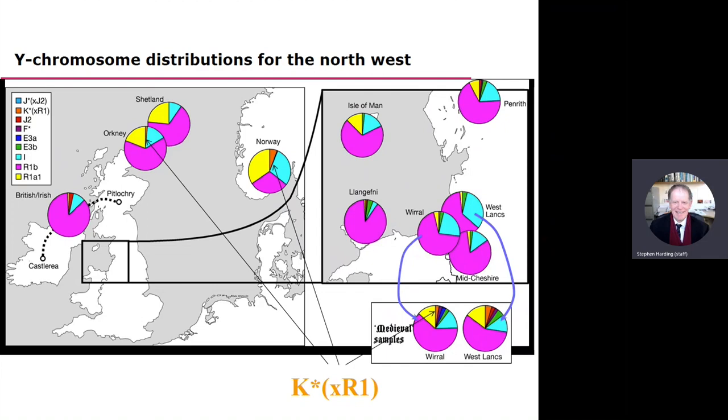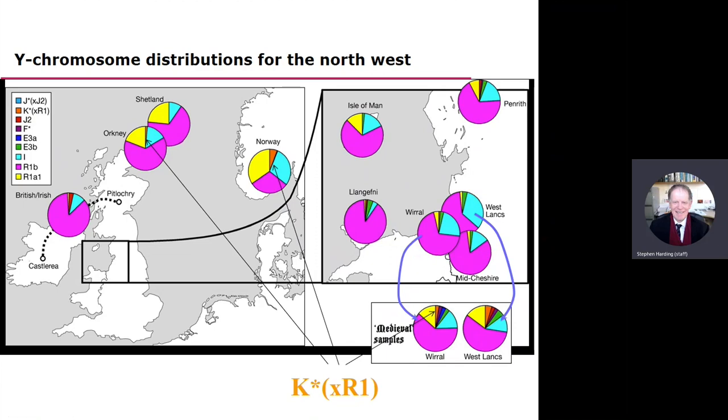But when you use a surname criteria, we call these medieval samples. Doesn't mean they're not medieval people, but they're people who've got surnames that were present in the medieval period. You can see how it changes and how the proportion of R1A1 increases quite dramatically. Also interesting is how similar the Wirral and West Lancashire populations are to each other.